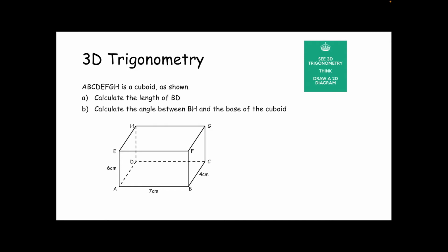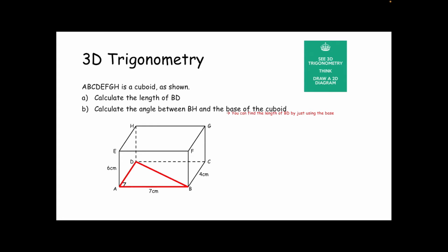Okay, the first thing we're going to do here is highlight the length that we're trying to find. BD is this diagonal length here. We can find the length of BD simply by using the base. When you've highlighted the length that you want to find, draw a right angle triangle.